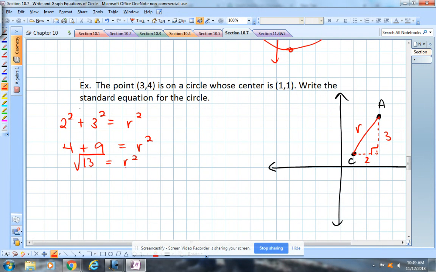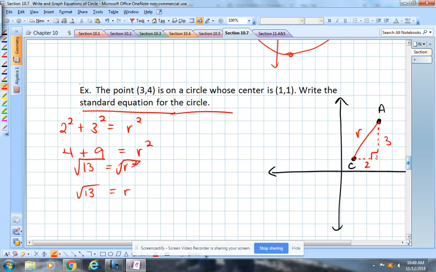So the square root of 13 will equal the radius. Okay? Now I'm not going to put that in and get a decimal. Not doing it. I'm going to leave it exact. Okay? Because I want to find the equation for the circle. So I'm going to leave it radical 13. Okay? And we've had lots of practice with simplifying radicals, so that should not scare us to leave that radical 13.